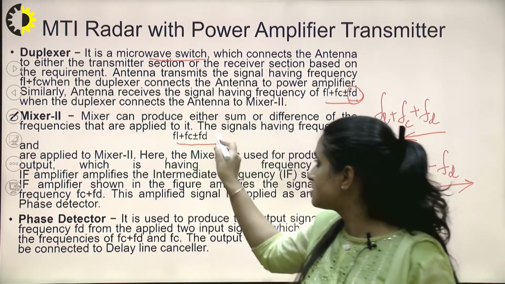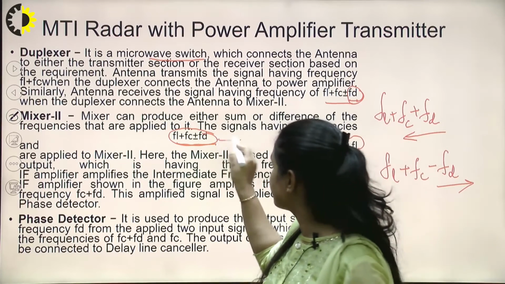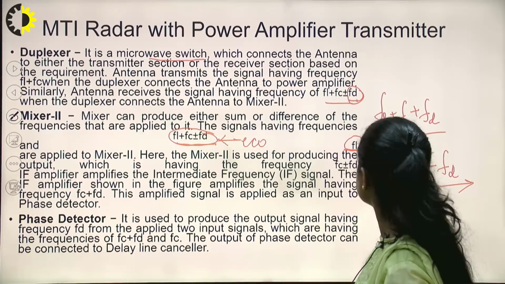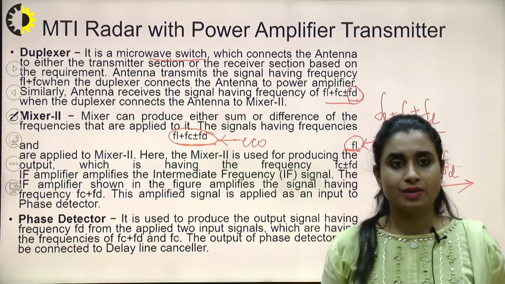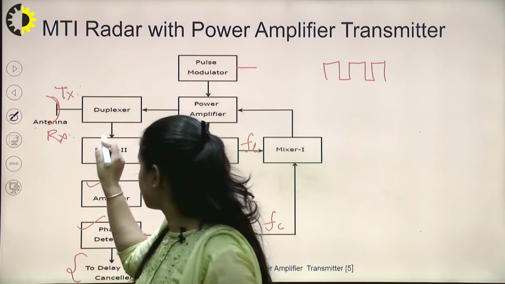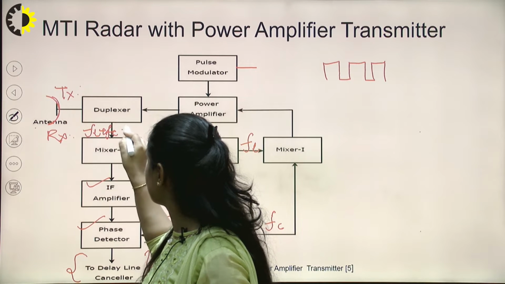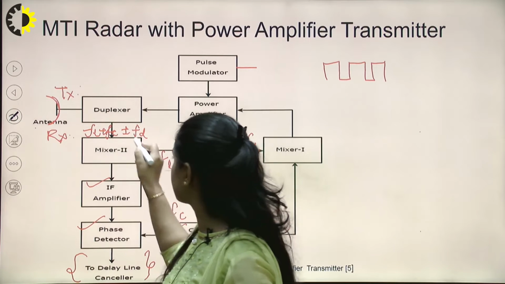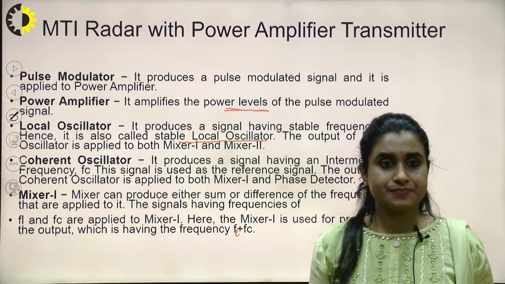This is the received echo and this is the locally generated frequency. These are applied to mixer 2, right? I could write it here. This FL plus FC plus or minus FD is one input, another input is FL, right?